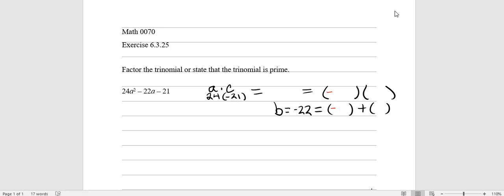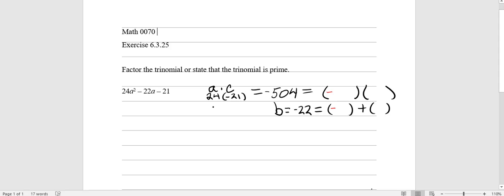So this product is negative 504, and I'm trying to find two integers that multiply to give that and add to give negative 22.